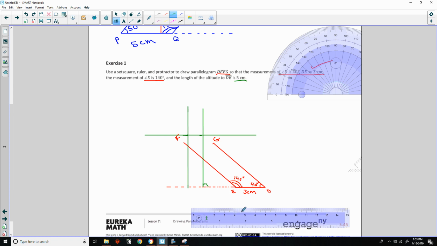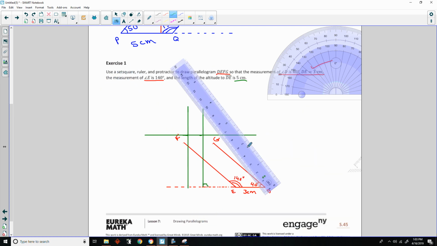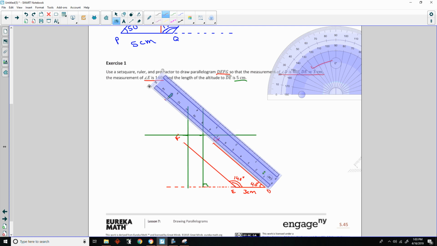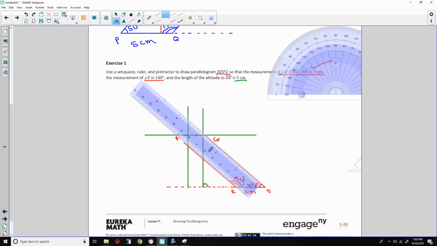Okay, so now all I need to do is extend my DG segment up to that green line. So this had to continue to here. Same with over here.